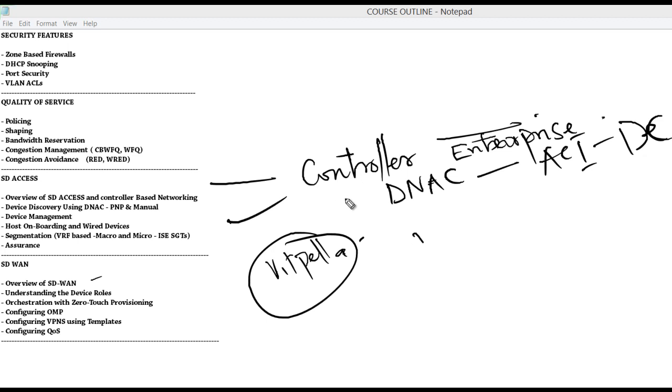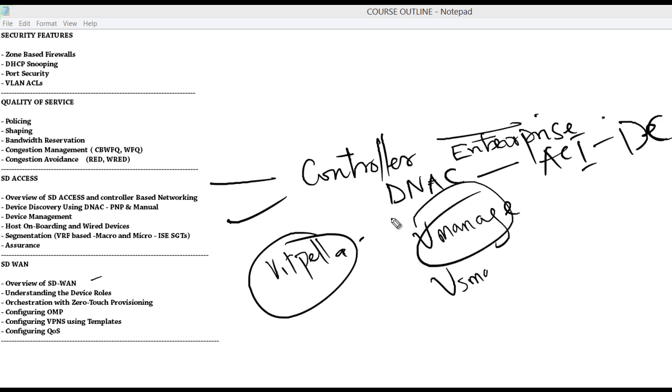Basically, you're going to have a vManage that manages all of this. You have vSmart, where vSmart is, I think, the control plane that will be doing the routing jobs, but we'll look at this in detail. I'll take a look at it and solidify my understanding here.